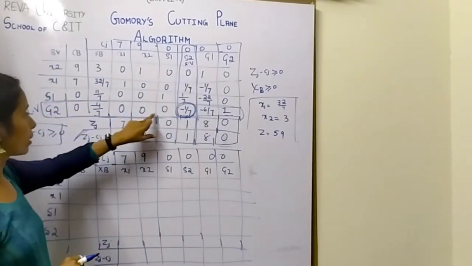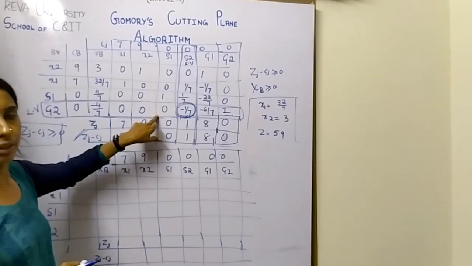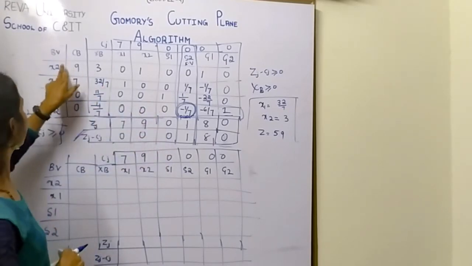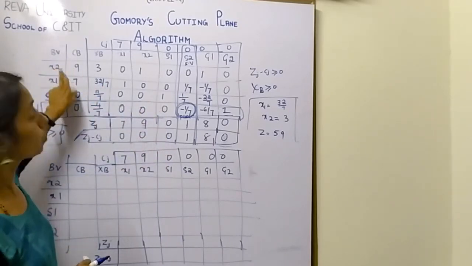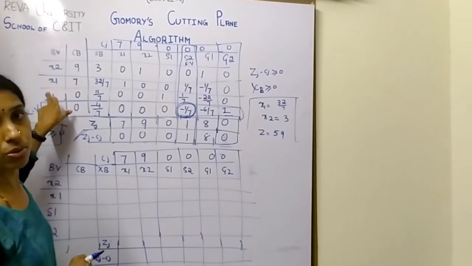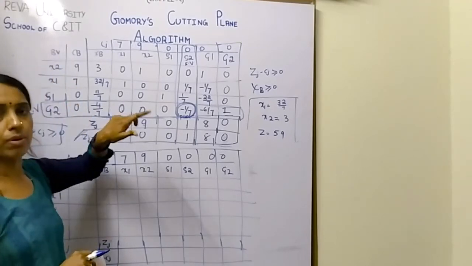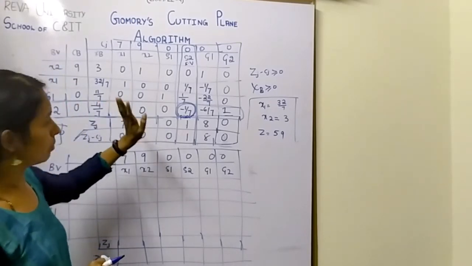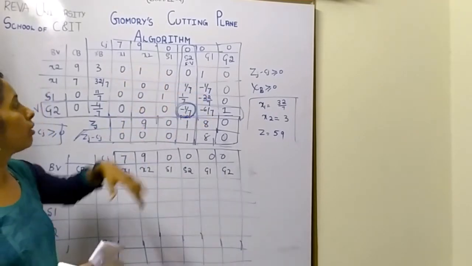How will you find out the values here? Old value divided by the pivot value. How will you find out the values for x2, x1 and s1? Old value minus new value into the value in the entering column. This is how you will find out the values.